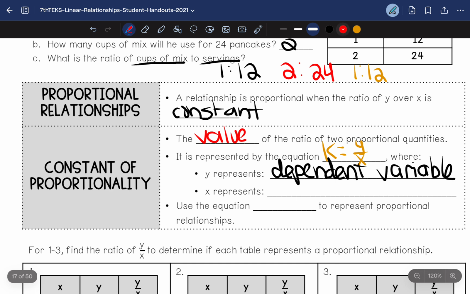And then x represents your independent variable. And then the equation is y equals kx. So we use that to represent proportional relationships.